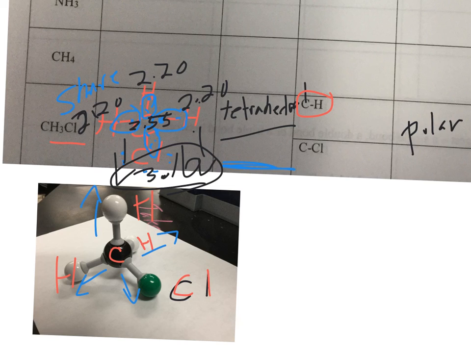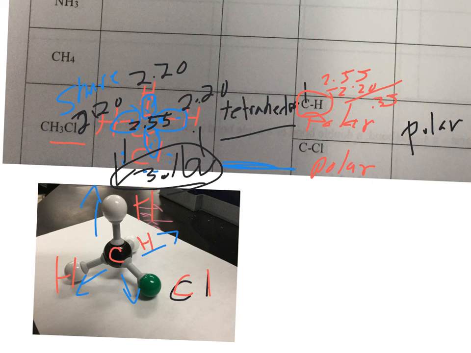Okay, so is this polar or non-polar? Polar. This is polar because it's not equal, right? So between carbon and hydrogen, that's polar. Now, what about carbon and chlorine? It's still polar because for carbon and hydrogen, you have the 2.55 minus the 2.20, and it's giving you 0.35, right?